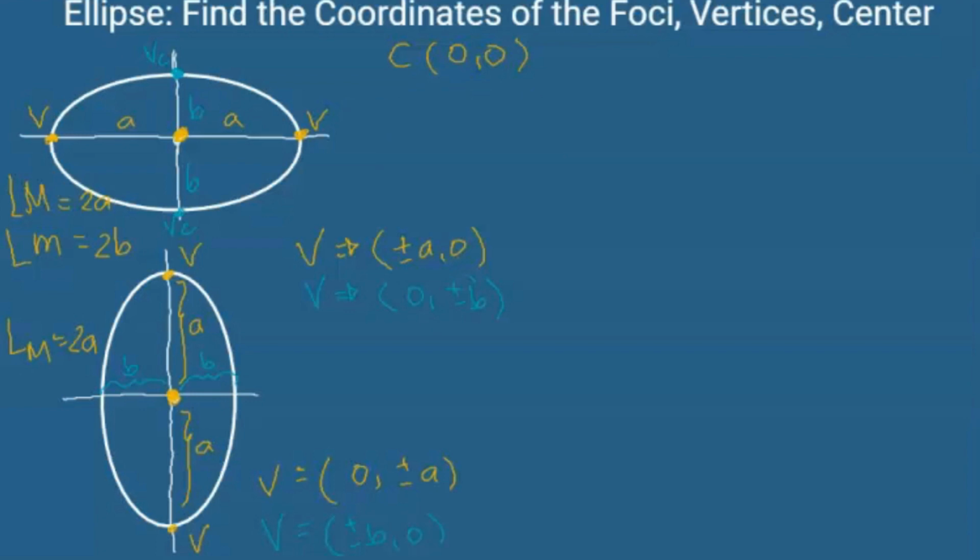An ellipse also has two foci, and the foci are along the major axis. So that is C units from the center. So let's say this is F, so that is C units.